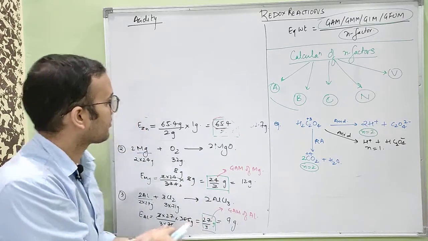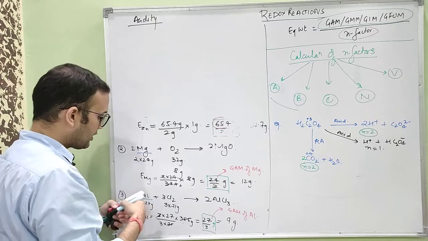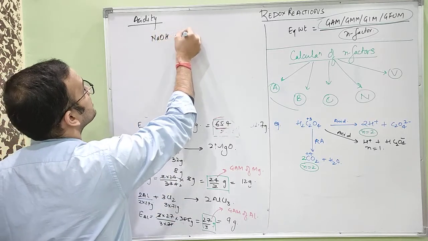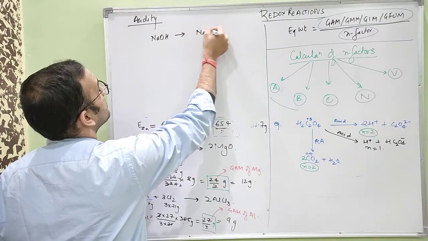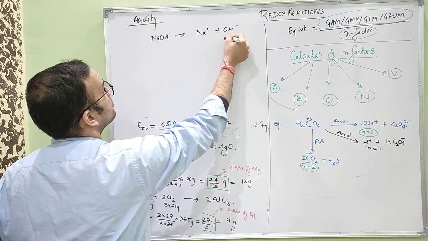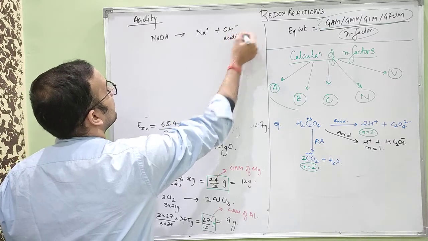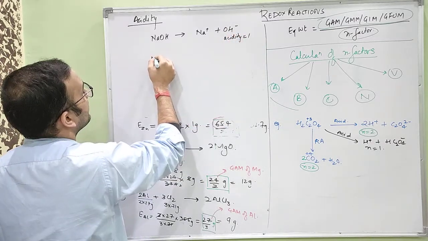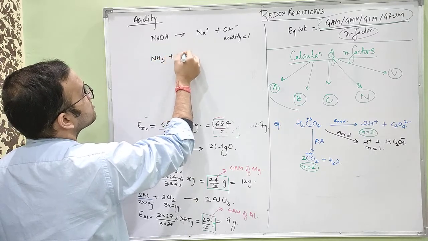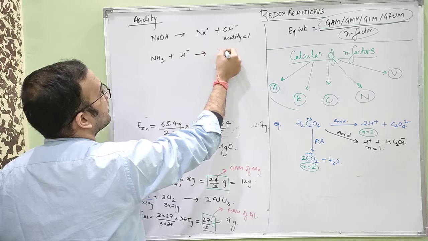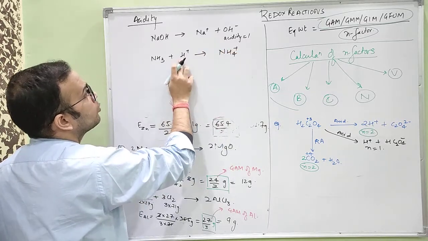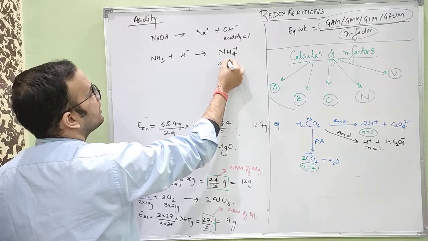ठीक है? Got it? For example, NaOH, if it is giving you Na plus OH minus, we can say that acidity is equal to 1. Let's say NH3 plus H plus gives you NH4 plus. Here you can see that it is absorbing one H plus ion, so acidity here is 1.